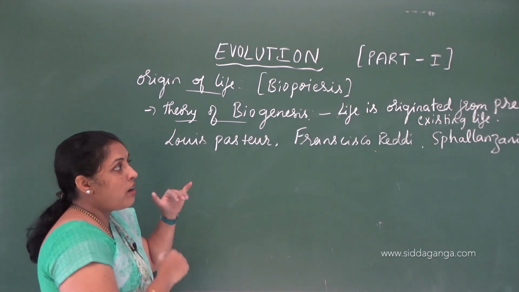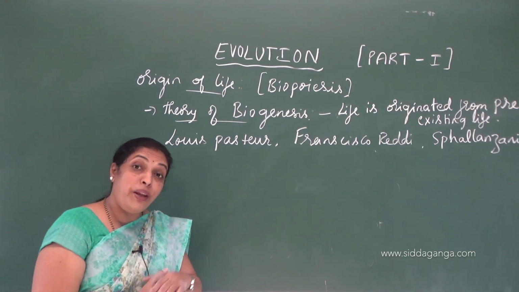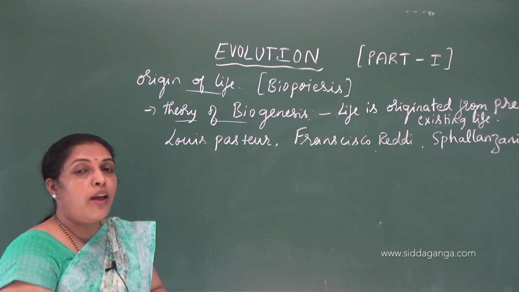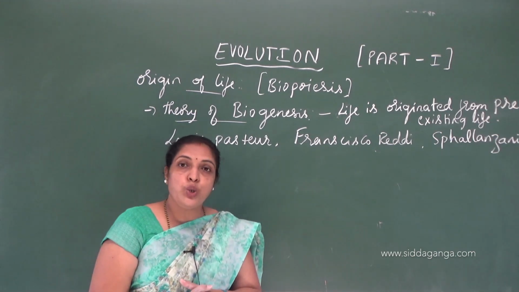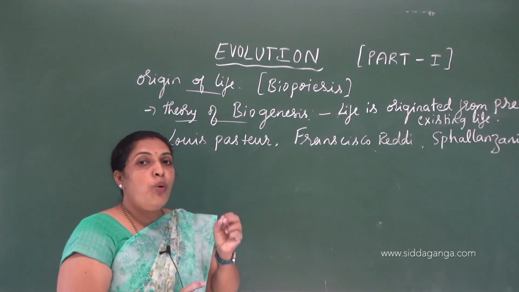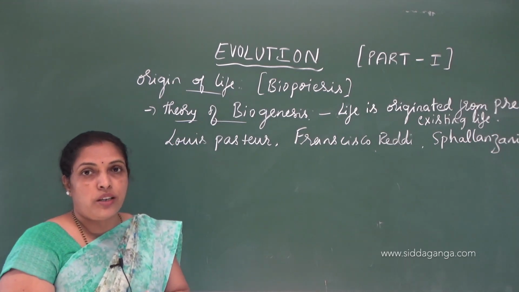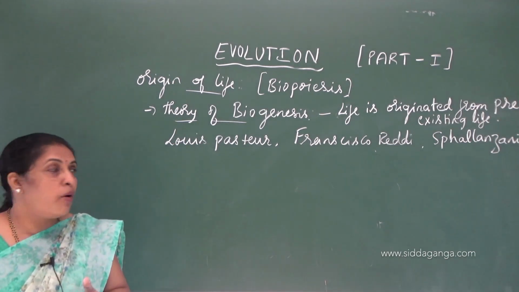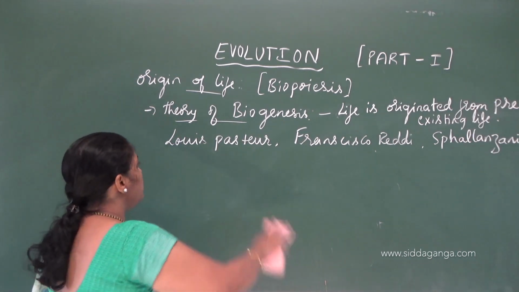They told that life originates from pre-existing life. One life will give rise to another life, but they failed to tell us how the first life originated on earth. So this is about the theory of biogenesis.